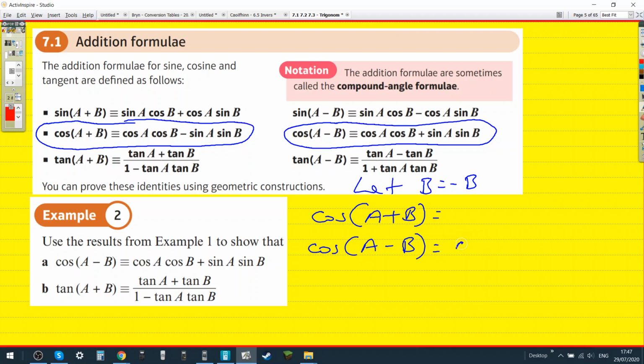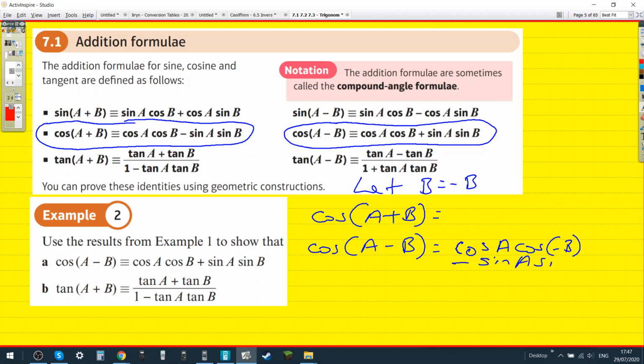Okay, so cos A, cos minus B, plus sine A, and then sine minus B. It was minus. That's a minus in between them.